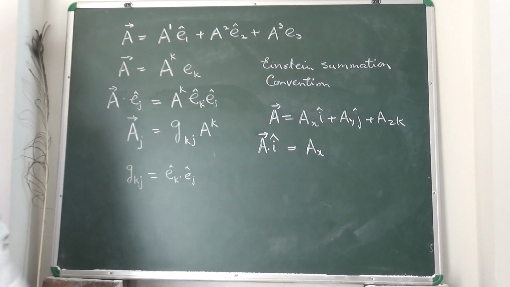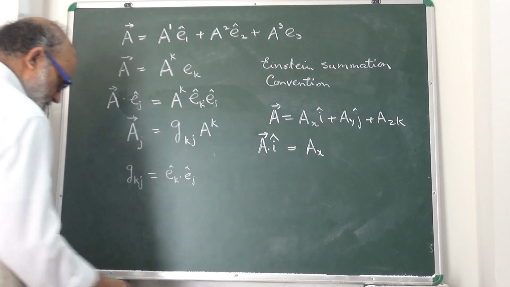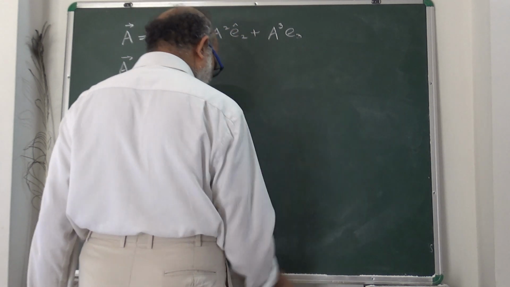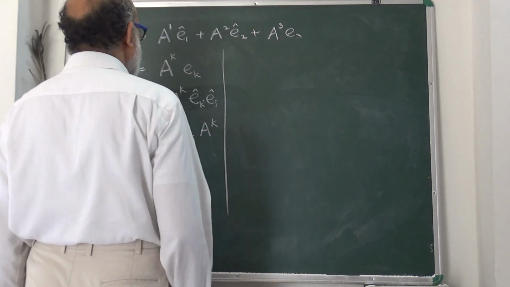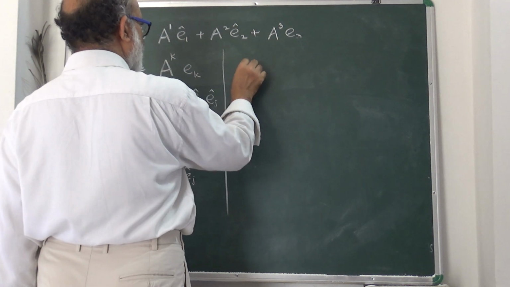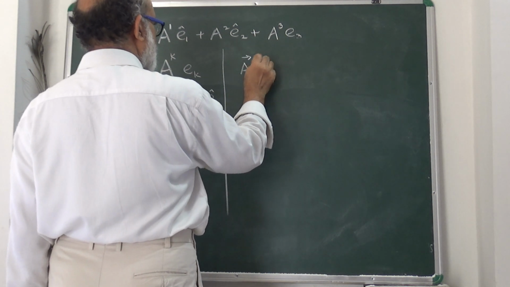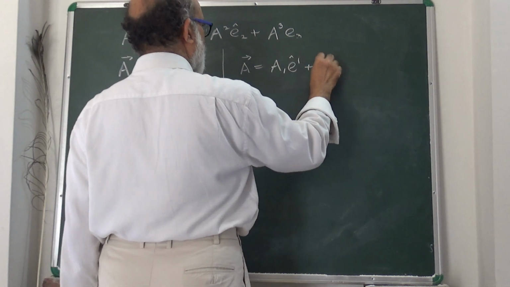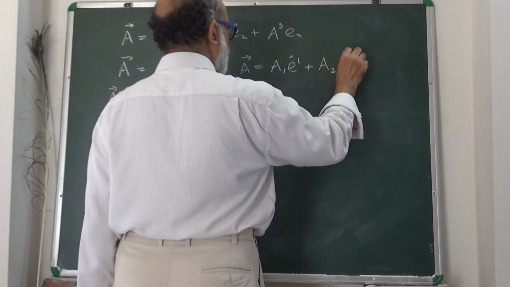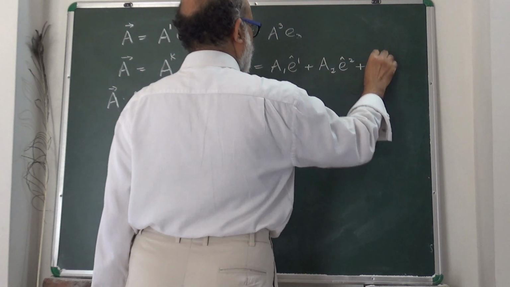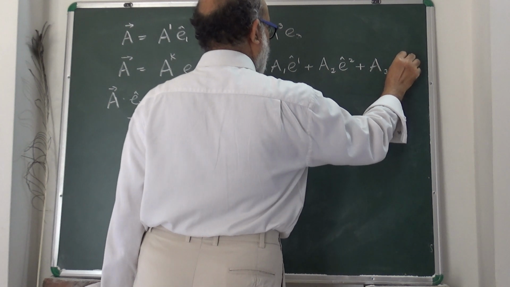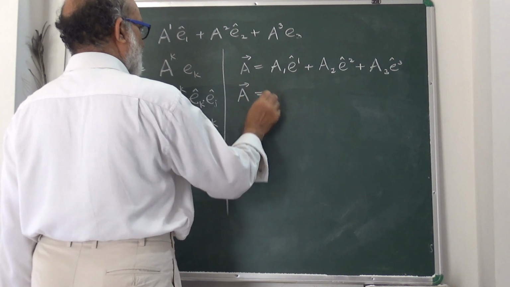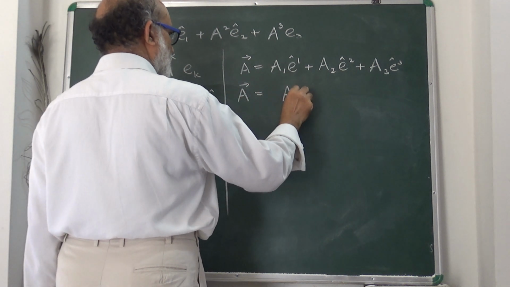Now the same vector A can be expressed as A1 E1, A2 E2, A3 E3, or AK EK with superscripts.